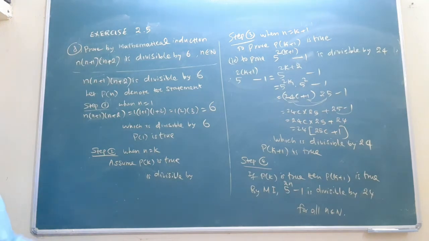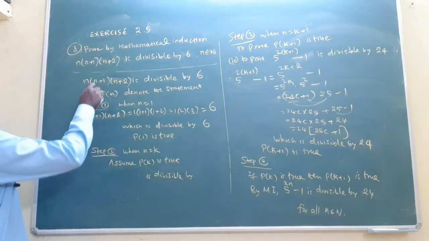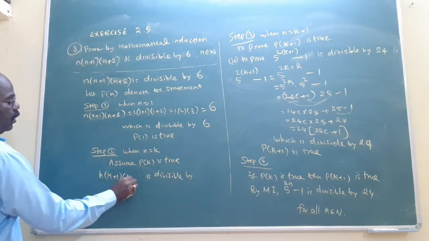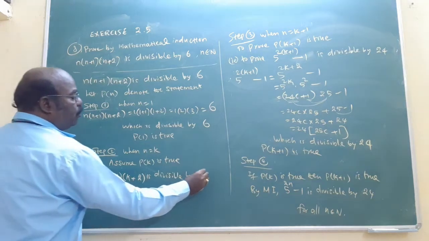Now we need to assume P of k is true. Replace n by k: k into k plus 1 into k plus 2 is divisible by 6.